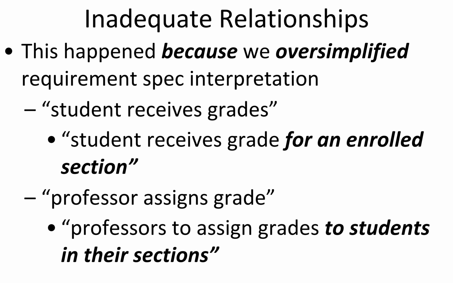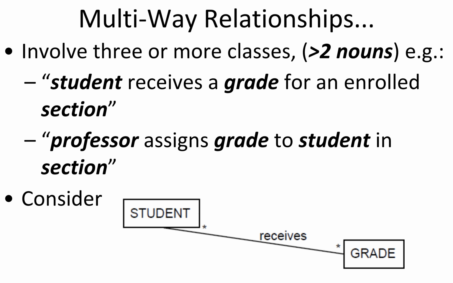So this is a verb phrase that actually relates three things: the student, the grades, and the section. So it's not a two-way relationship; it's a three-way relationship. The professor assigns grade was actually the professor assigns a grade to a student for a particular section. So again, it's a verb phrase that relates not just two nouns, but three or even four nouns.